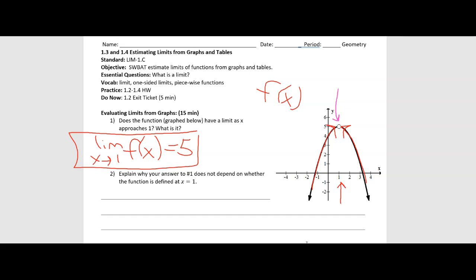A limit is what the function approaches. It is not what the function's value actually is. So our function could be defined, and maybe the value at x equals 1 is y equals 1. Well, it doesn't matter what that value is, because it's based on these red arrows. It's based on what the function is approaching, regardless of what the value of the function actually is at that point.